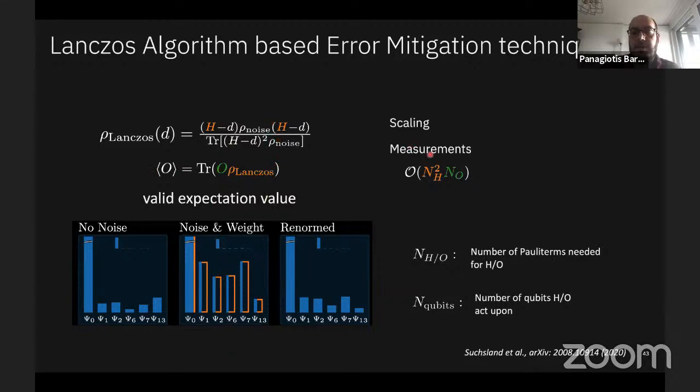The number of measurements that you require always scales as n squared times N, where N is the number of terms that you need to measure for the observable that you want to measure, and n squared is the number of terms in your Hamiltonian.